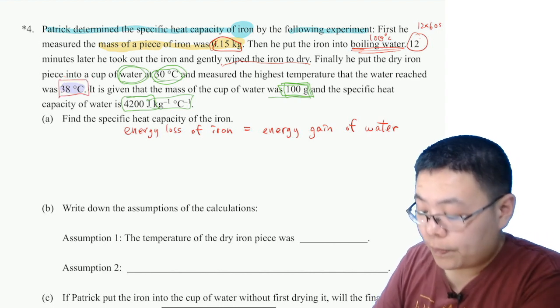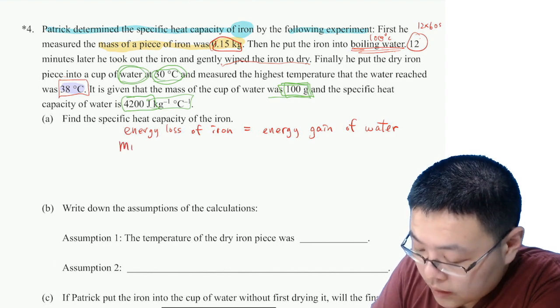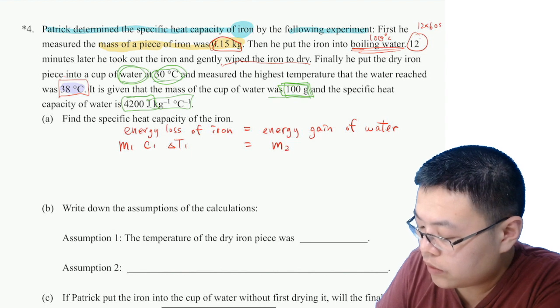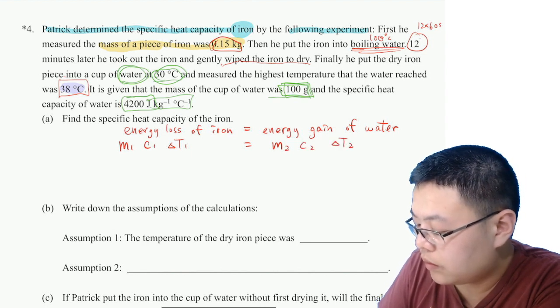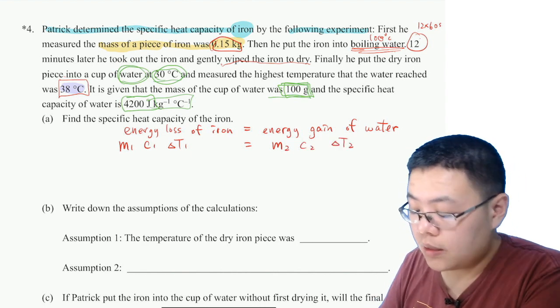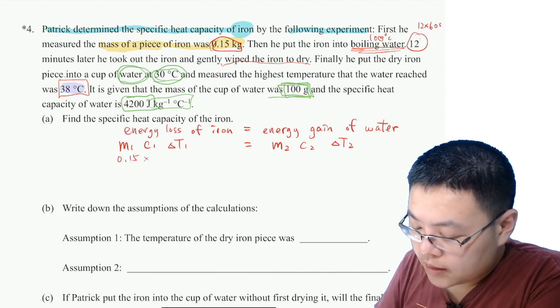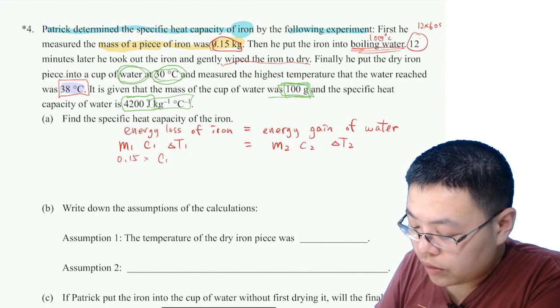Okay, so M1C1 delta T1 is equals to M2C2 delta T2, and then for mass 1 is the iron is 0.15 kilogram. C1 is what we do not know.